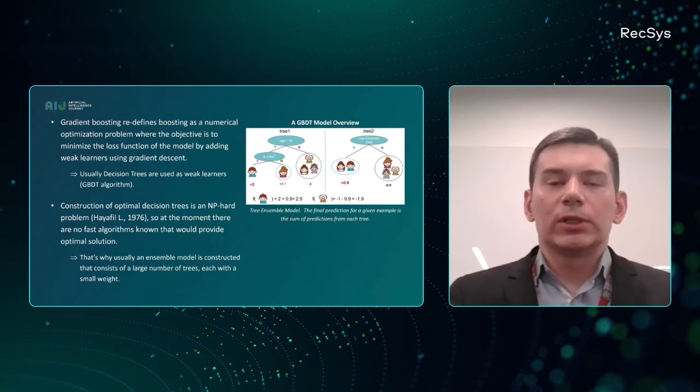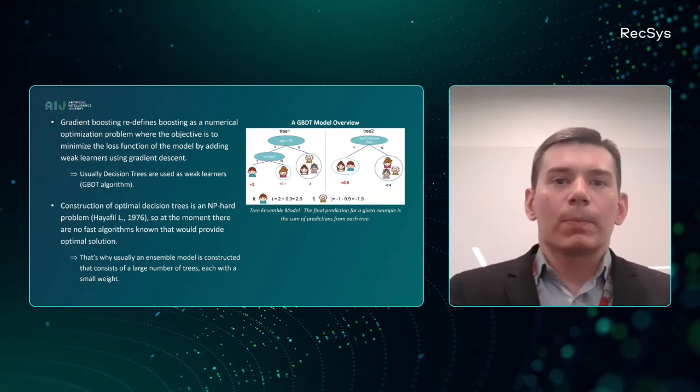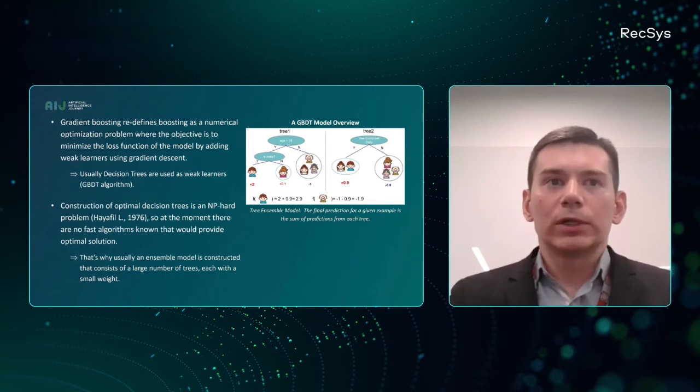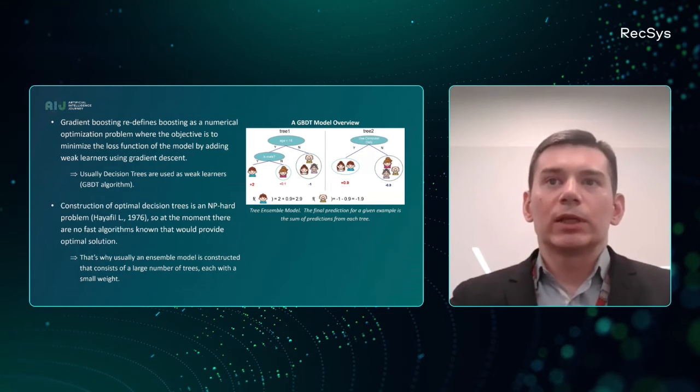Others are also possible. However, gradient boosting is usually viewed across decision trees, and of course, construction of optimal decision trees is an NP-hard problem. There is a formal mathematical theorem on this. So at the moment, there are no fast algorithms known that would provide an optimal solution, and they cannot exist in real life.